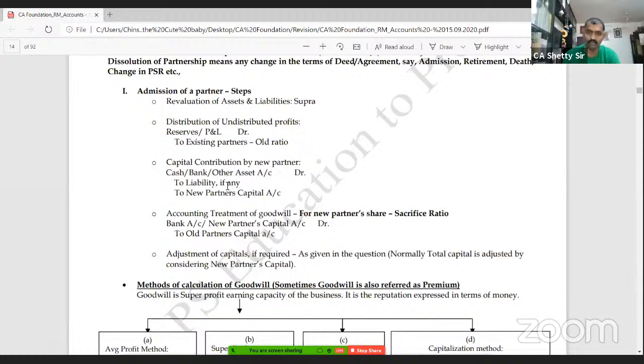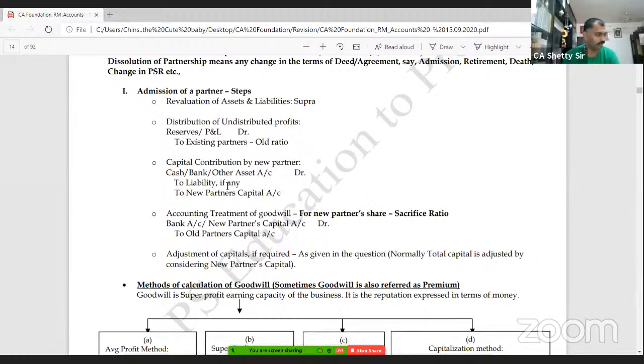Are you there? One point again. Special point: Mr. Z contributes building of 100 lakh, and a building loan of 20 lakh.